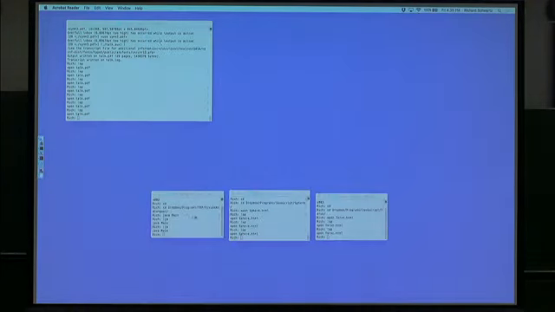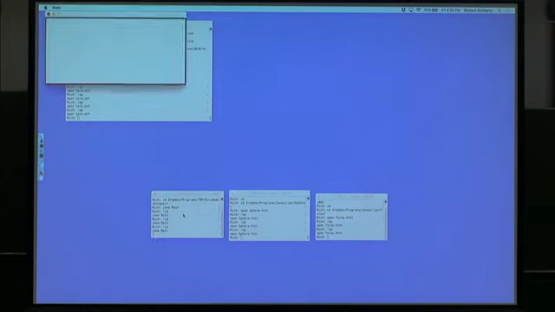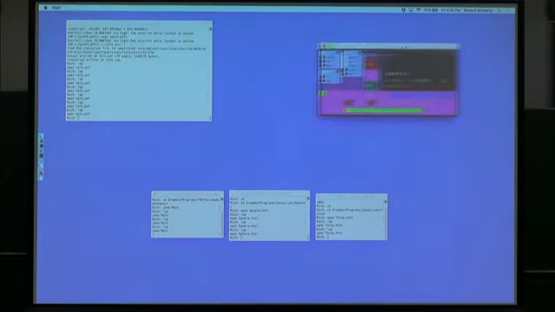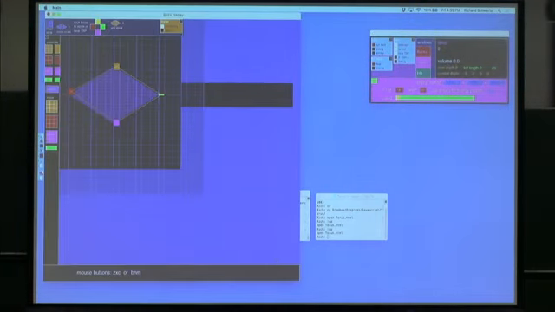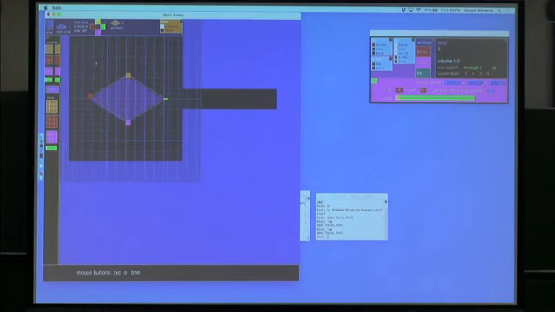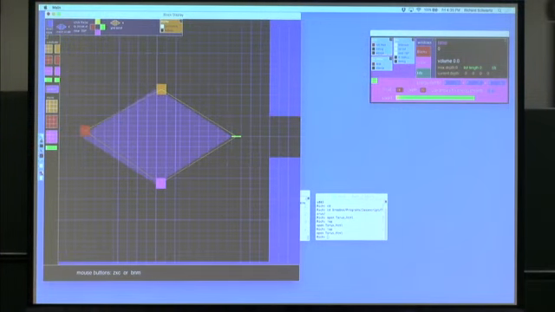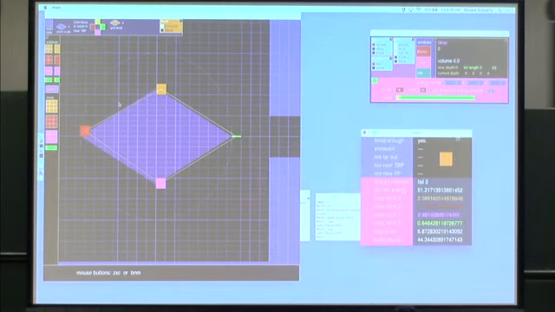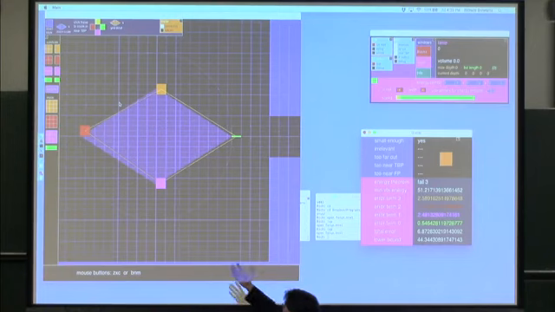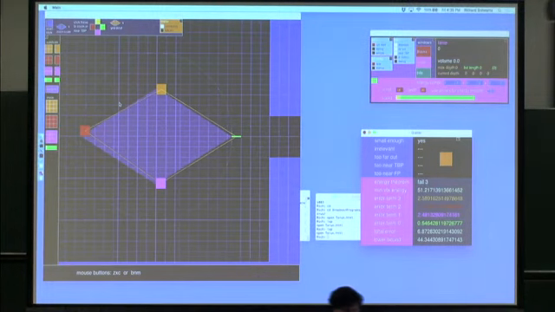Now I'll bring this up. What you're looking at over here is a computer version of the picture as I've been showing you.